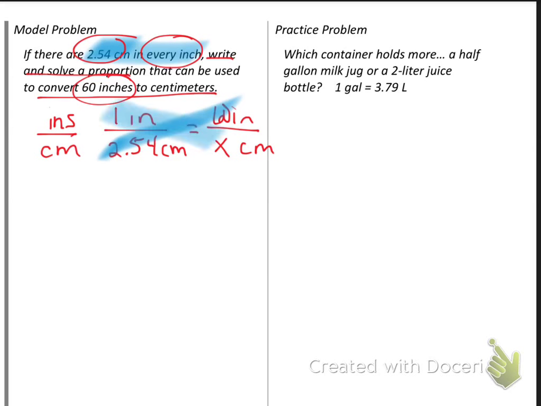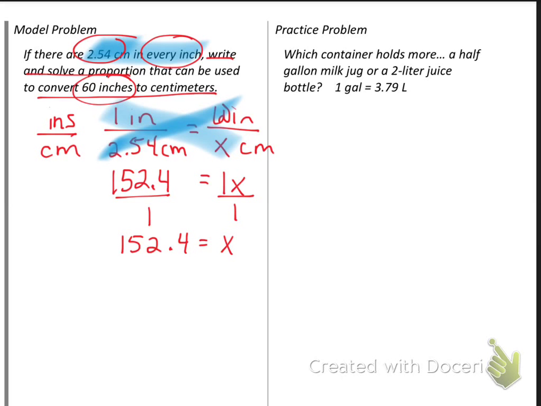We can cross multiply. We get 1x equals 60 times 2.54, which is 152.4. And since that equals 1x, we just divide by 1, and we get 152.4 equals x.